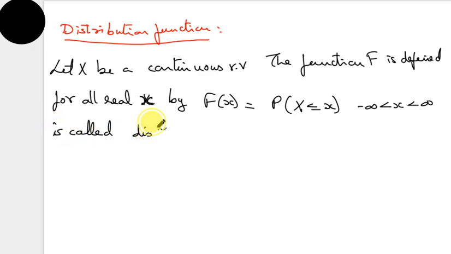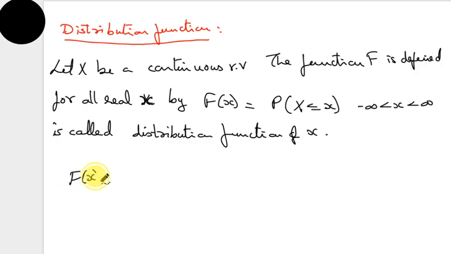This is called the distribution function of X. So my F of x will be the integral from minus infinity to x of my PDF small f of x dx. This is the formula for the distribution function.